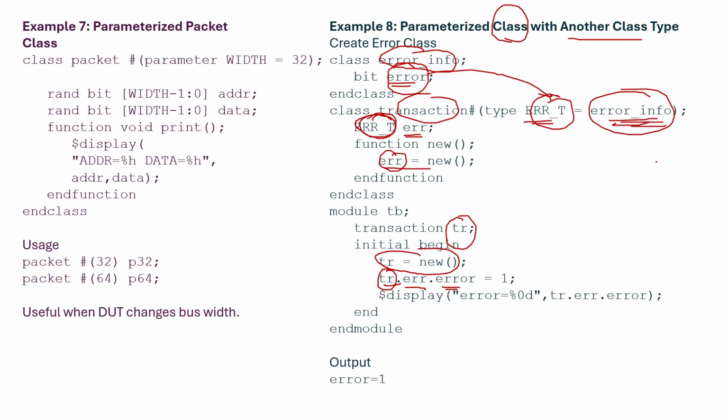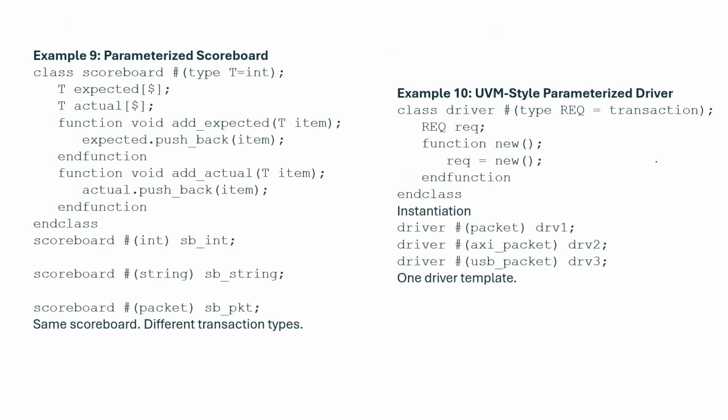Same thing. So it is shallow copy type, but the same object I'm utilizing. Remember, a parameterized scoreboard class also uses the same class but the name is different. Scoreboard I'm utilizing with type t equal to integer.